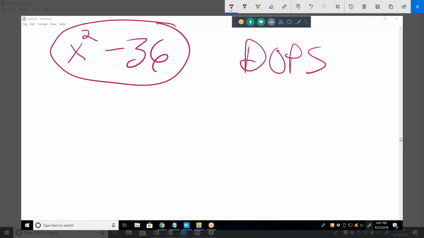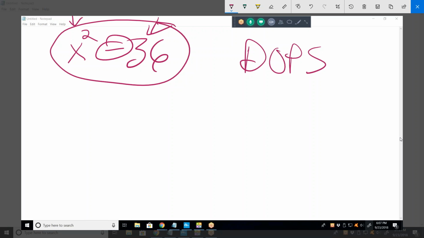Difference of perfect squares. Notice why this is called the difference of perfect squares. That's a perfect square, x squared. That's a perfect square, 36. And it's subtraction. So it's the difference of perfect squares.